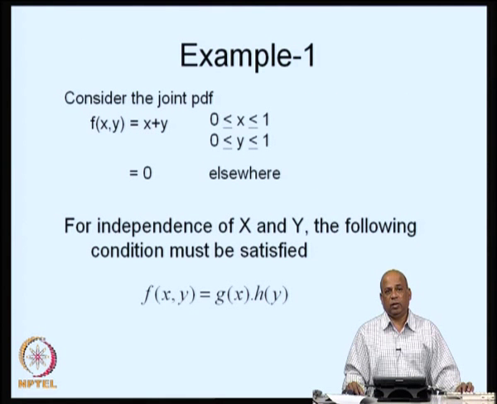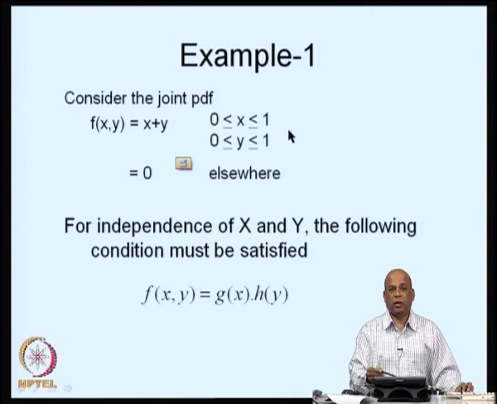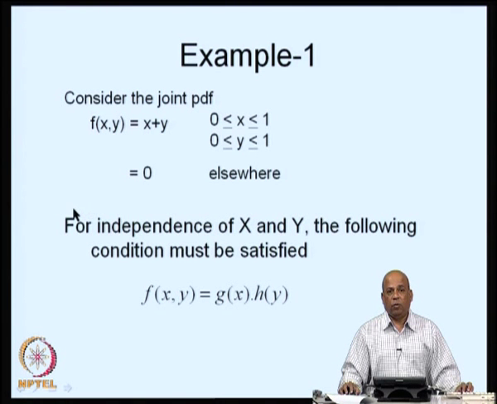Let us see an example. Let us say f of x y, that is a joint density function, is given by x plus y for these limits, x varying between 0 and 1 and y varying between 0 and 1. Now, for independence of x and y, we have seen that the condition that needs to be satisfied is f of x y must be equal to g of x into h of y.